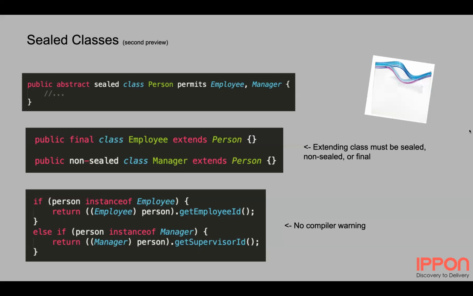But now it sees that, because it's a sealed class, these are the only possibilities. It won't give you a compiler warning anymore. And again, that can be used in Java 15 and 16. And it looks like in 17, that's going to be production ready.